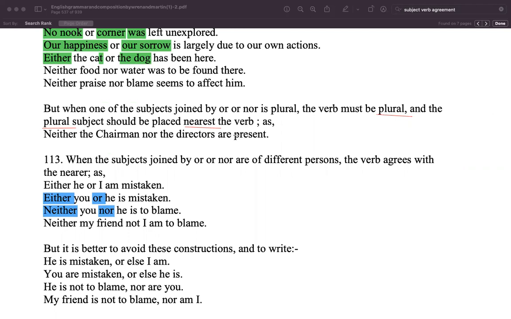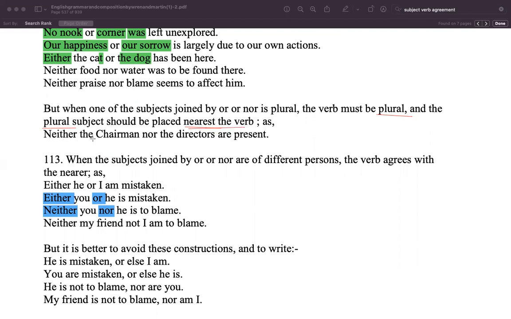If it is indicating that he or she is coming, or either he or she is coming, but if it is stated he or they are coming, so it is a clear case of what? Plurality. And that's why the rule said that if one of the subjects joined by or, nor is plural, then the verb must be plural, and the plural subject should be placed nearest to the verb.